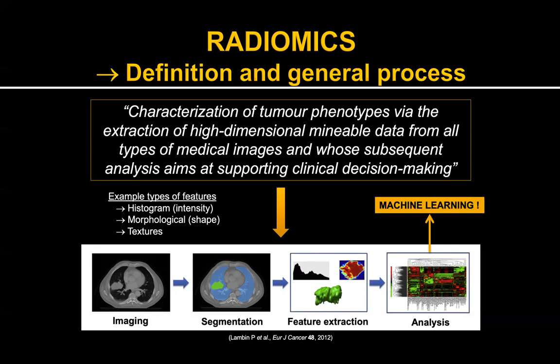And the general process, as you probably know now, first starts with imaging, obviously, and there's that crucial step, which is the main focus of this session, the segmentation of the tumor itself, here in green, so that we can extract from this subregion all the features required to do our analysis, all the features required to have an assessment of intratumoral heterogeneity, eventually tumor aggressiveness.